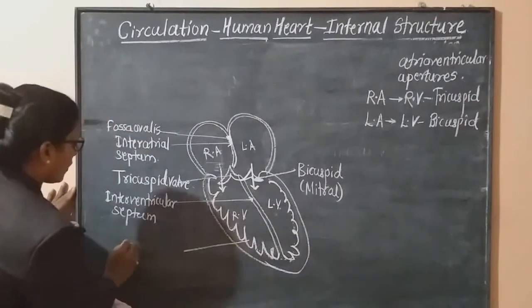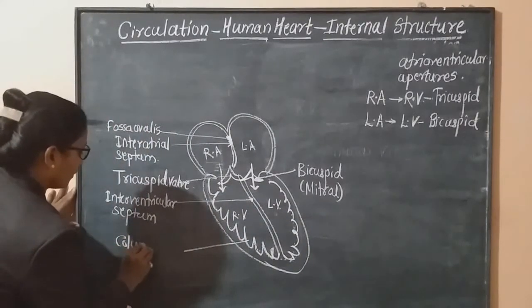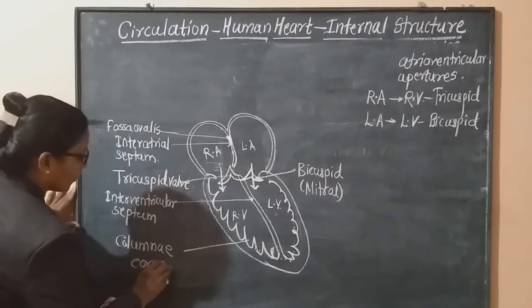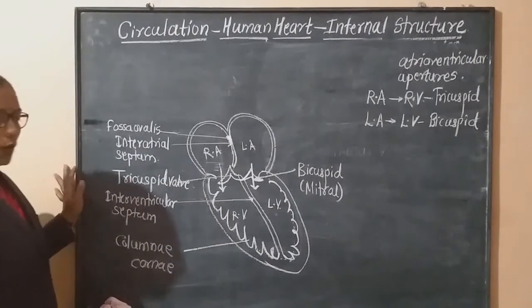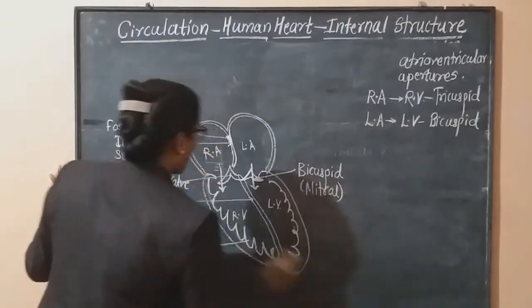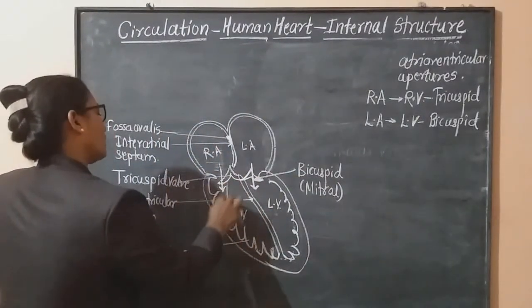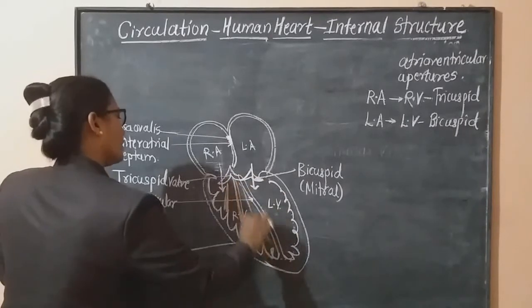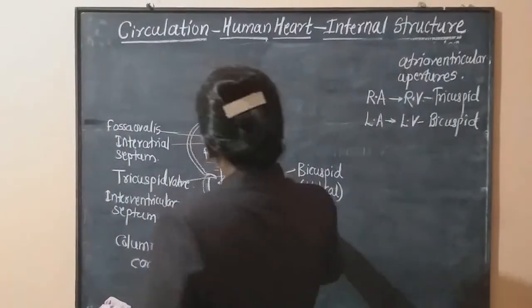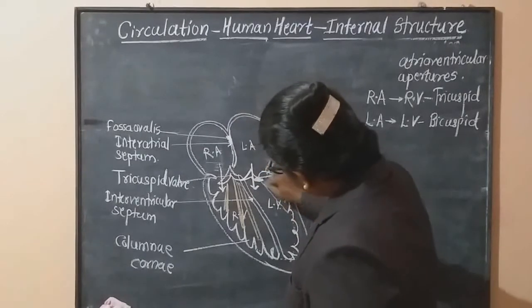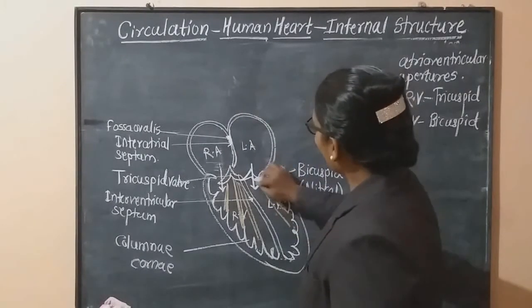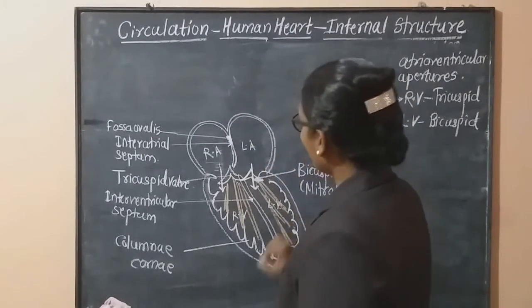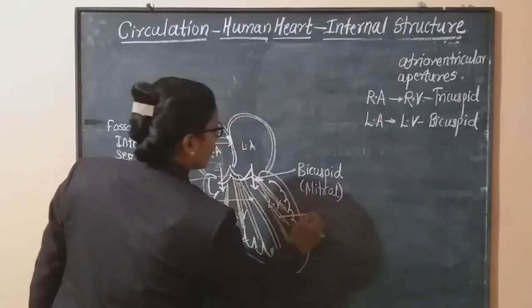These are called columnae carneae. From these columnae carneae, threads or fibers arise which are connected to the bicuspid and tricuspid valves.